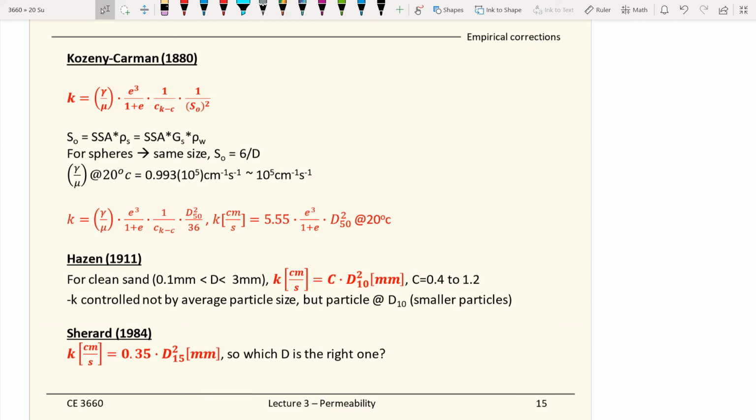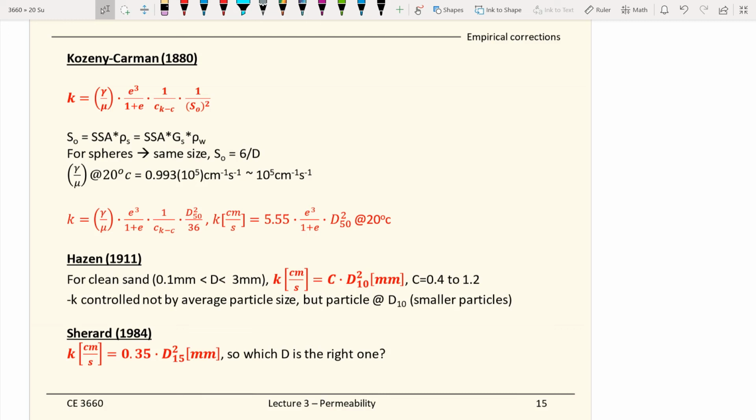So when you take this C368 class, we will spend more time in the laboratory to talk about the shortcomings or limitations that exist for the laboratory characterization of hydraulic conductivity. But anyway, if there's no field test and no lab test available, then you may want to look at some correlations to help you characterize the K values.